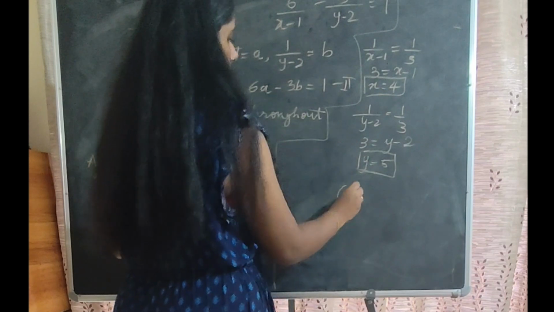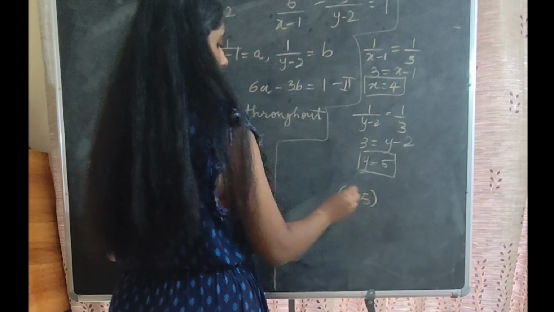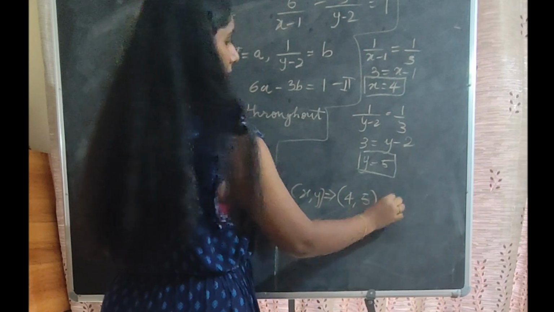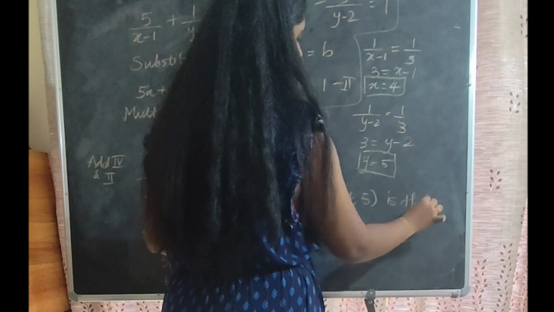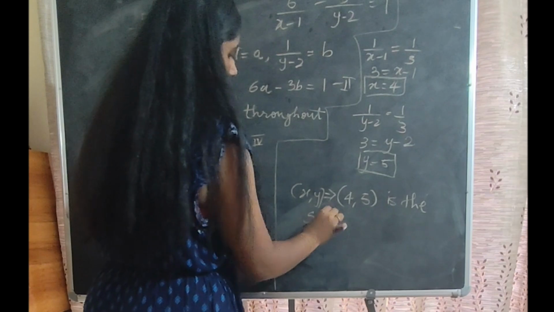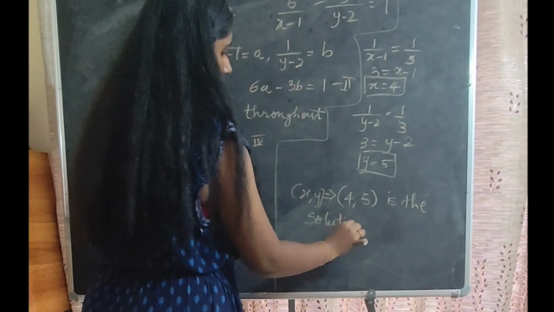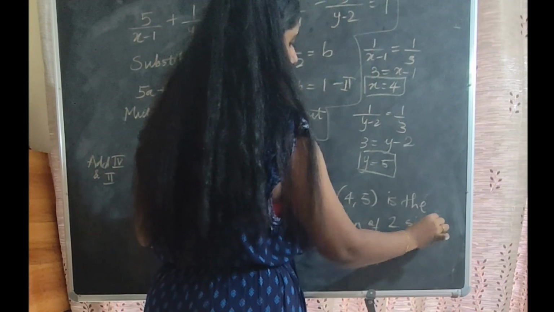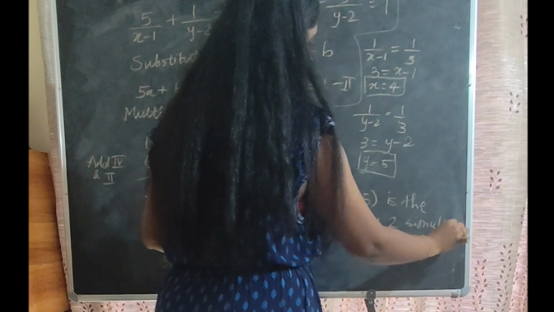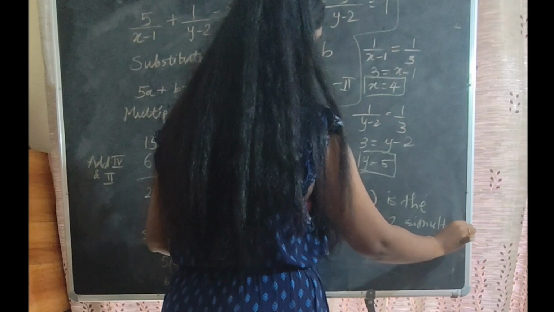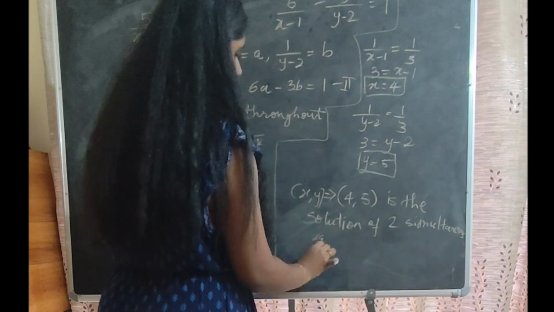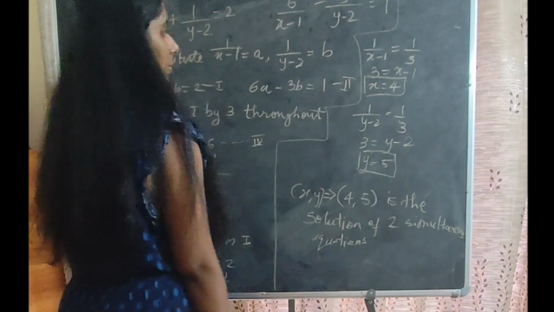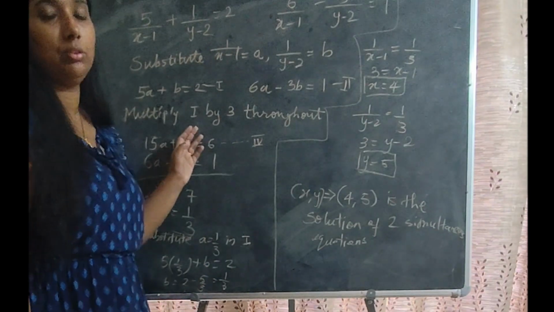So 4, 5 is the solution of the two simultaneous equations. Please note this down.